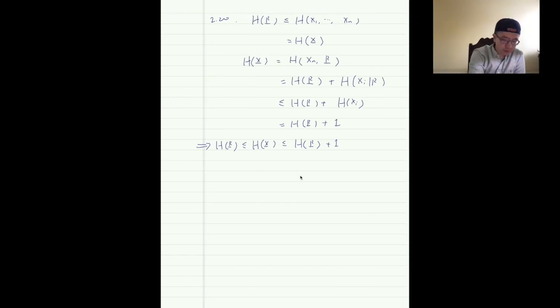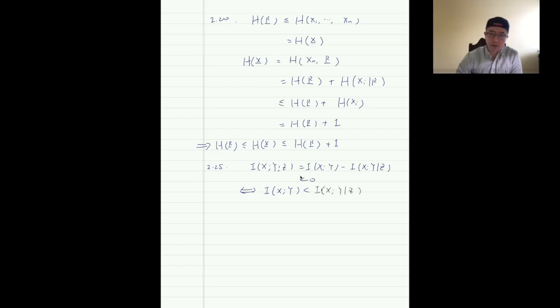Let's say 2.25. So the first question is to show this guy, I(X;Y;Z), is less than 0, right? Which is equivalent to showing that it's less than, right?